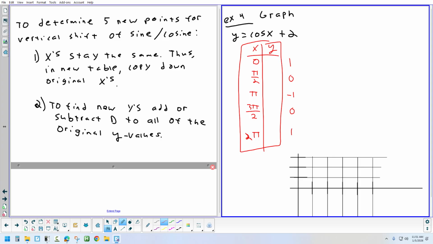Okay. And now we've got the originals, and what are we going to do to all 5 of them? Yeah. Add 2. So when I add 2 to all of them, can anybody give me all my new y values?